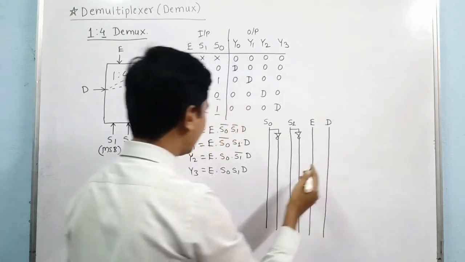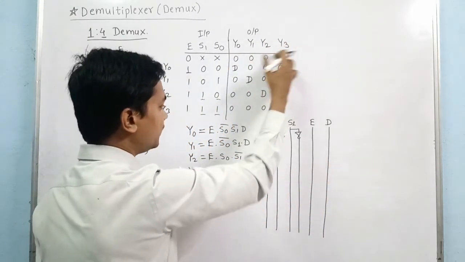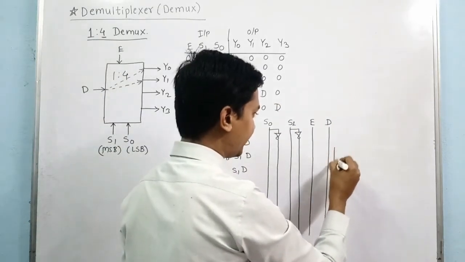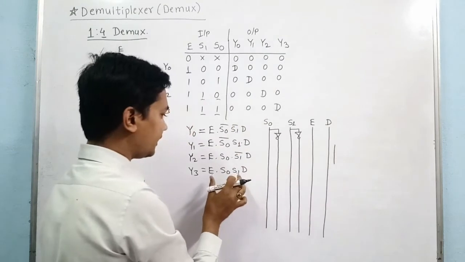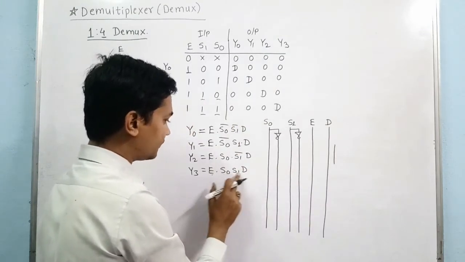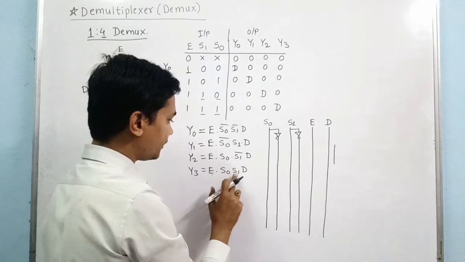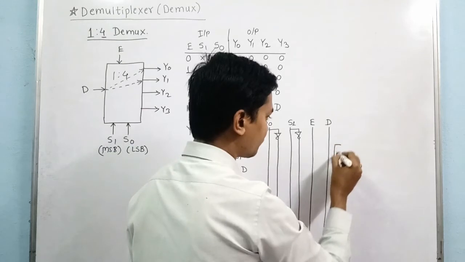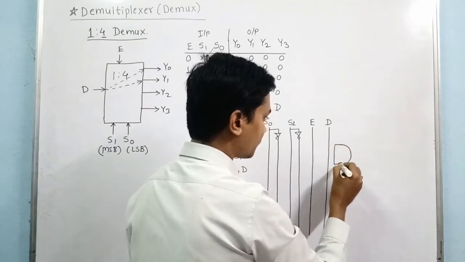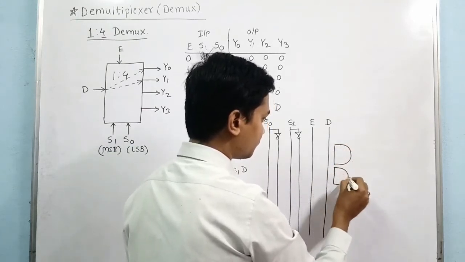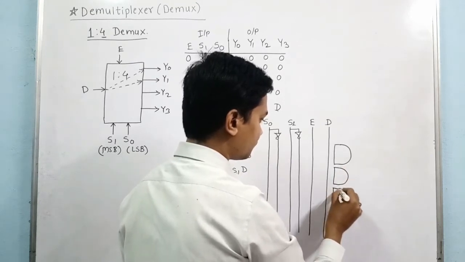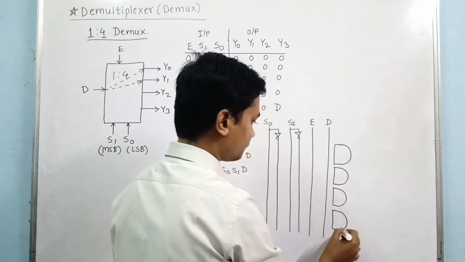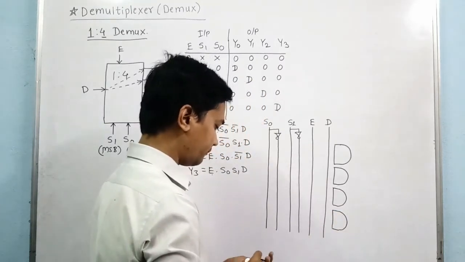So how many output lines are we having? Total 4 output lines, so that means we have to take 4 AND gates. Each AND gate should have 4 input lines: E, S0, S1 and D. Now we will make the connections.